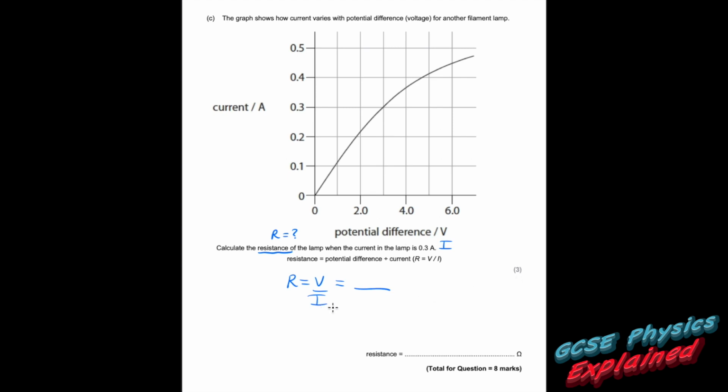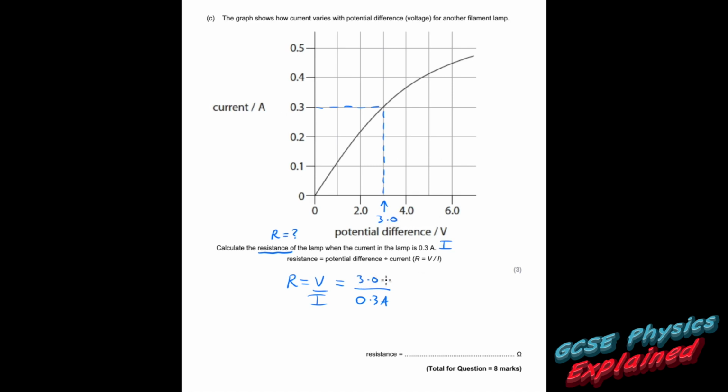Right, we do know that the current is 0.3 amps. So the examiners love it. Go up to the current where 0.3 amps is, put dotty lines on, and then put some dotty lines coming down here. Now that's the voltage we're looking for. So 2 volts and 4 volts, so this must be 3 volts.